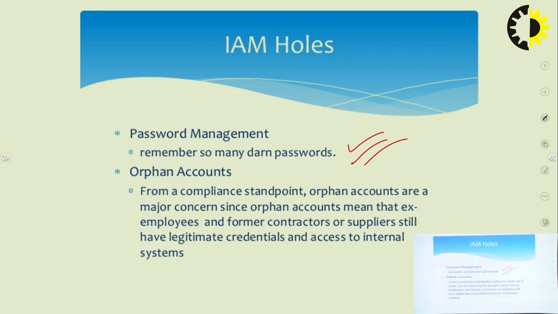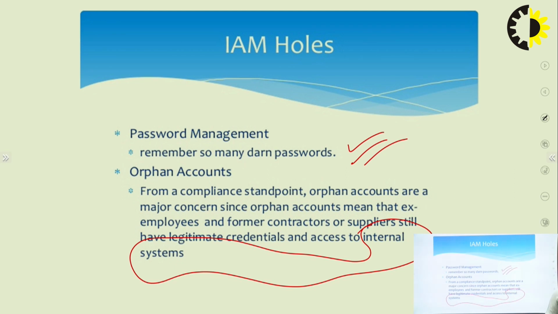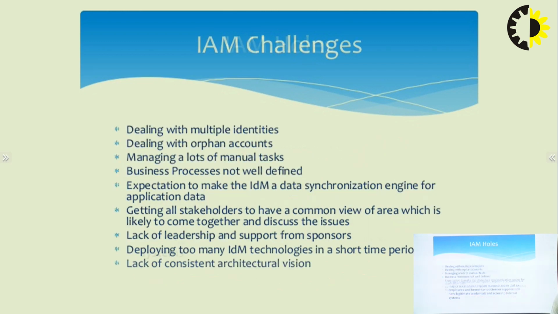This is something which is going to create an issue, right? They are the type of accounts which have major concerns, because the employees who are no more part of the organization, that means the ex-employees, former contractors, and former suppliers, still have legitimate credentials and will be able to access your internal system as well.